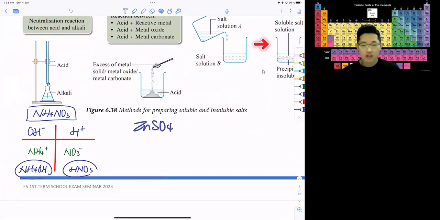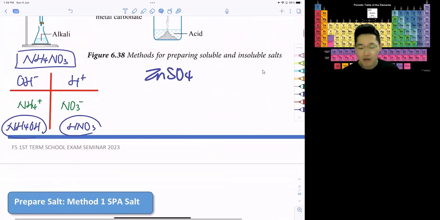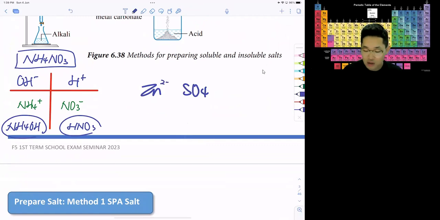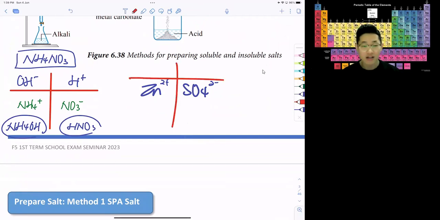Okay, so to find the reactant, same, I'm going to split the ions into two: Zn2+ and SO4 2-. Split into two ions. And this time, our cross will be slightly similar to the left one, but it is COOH. That means I put another CO in front.